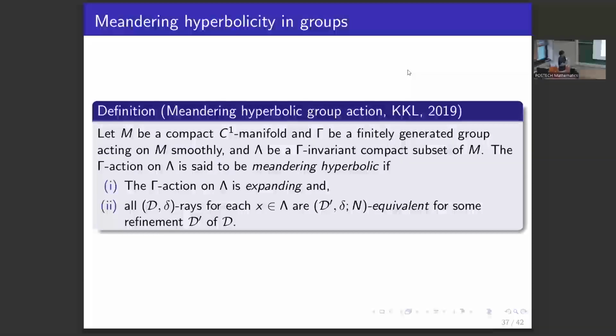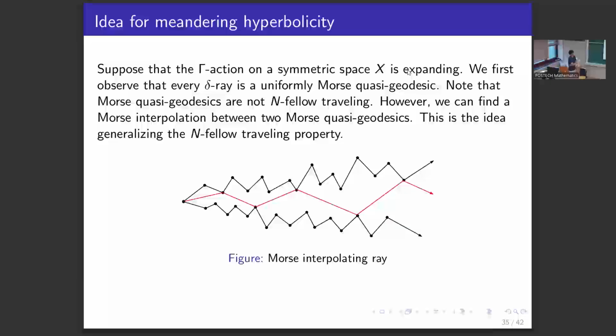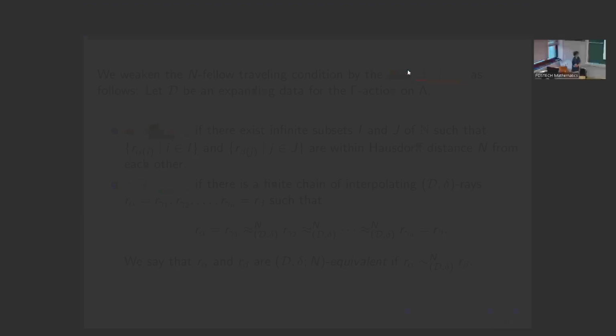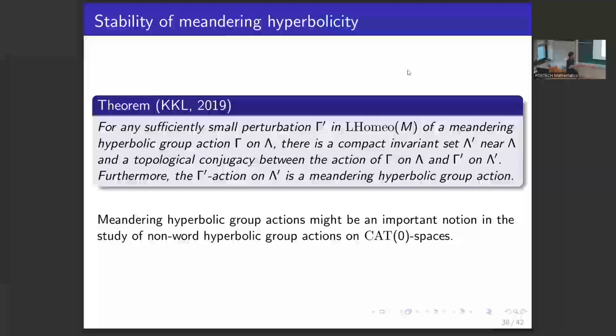Okay, so the action is expanding, and we say that it is delta equivalent. That means that it satisfies this picture. Then we prove that if you have a mindering hyperbolic group action, then this action is stable. Perturb it a little, and you still have an injective representation.